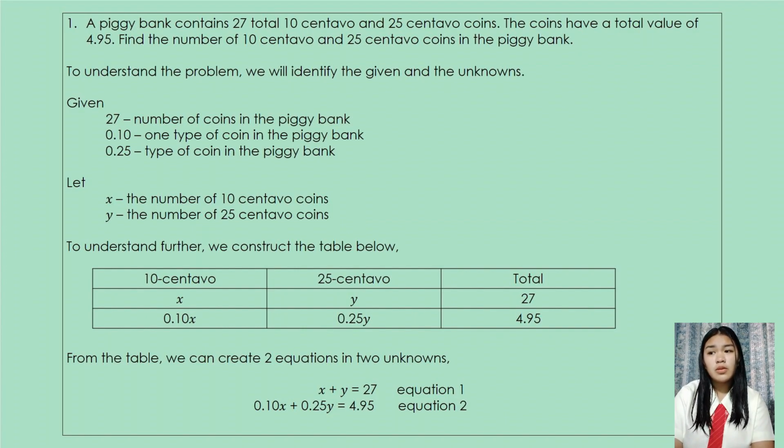So, from the table, we can create two equations in two unknowns. X plus Y is equal to 27, which will be our equation 1. And 0.10 times X plus 0.25 times Y is equal to 4.95, which will be our equation 2.